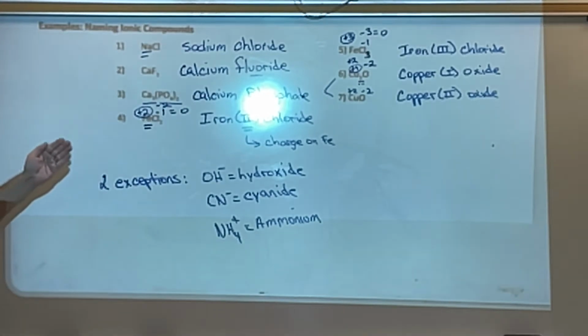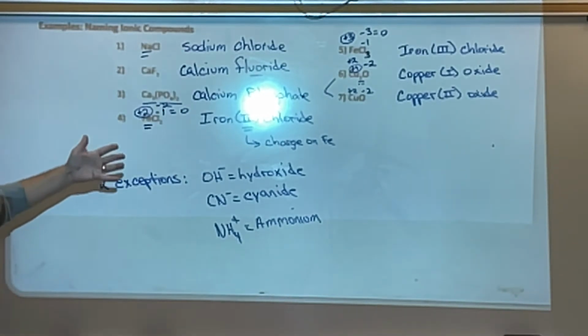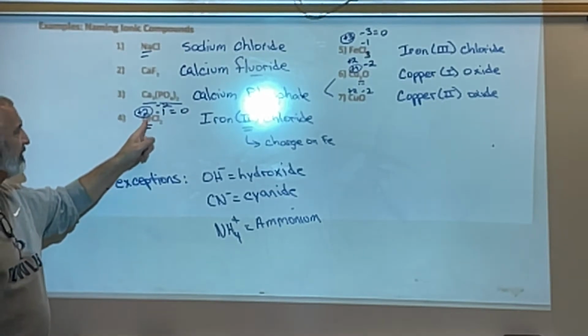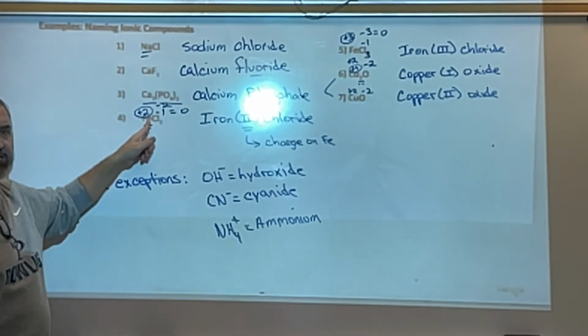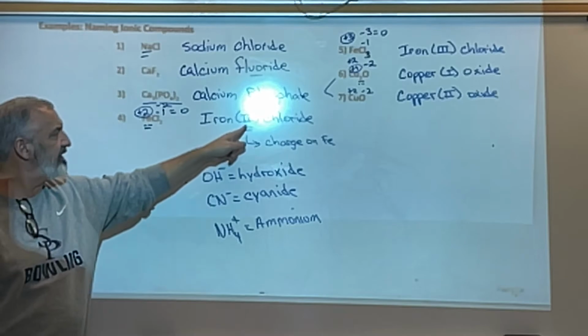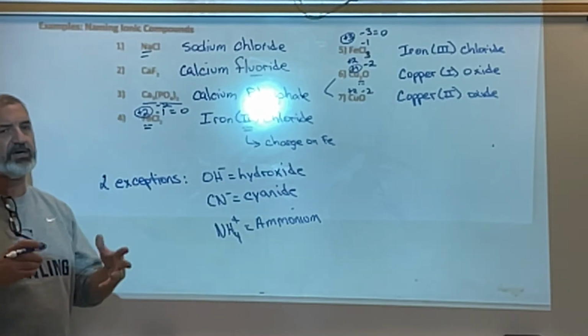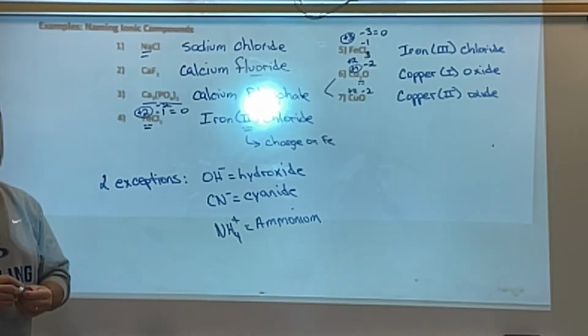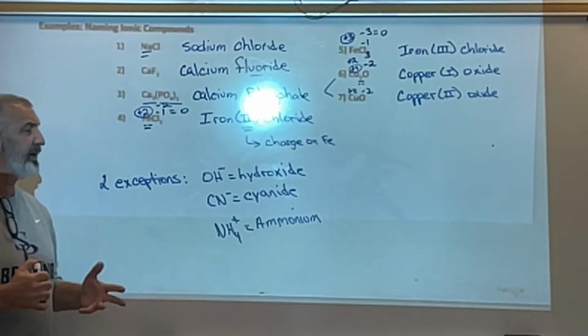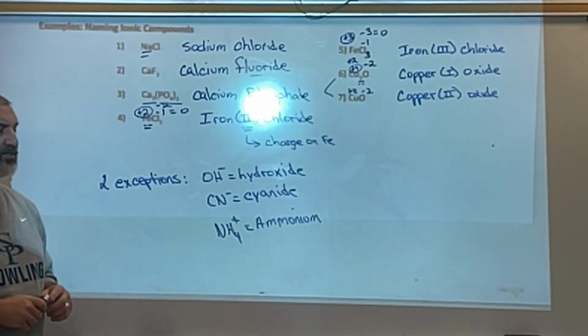So for naming them, all we do is positive first, negative last, and we just have to check, is the metal a transition metal with more than one oxidation state? If yes, we have to figure out what the charge is and include it in the name in Roman numerals. That's the hardest part. I'm going to let you practice some of those this afternoon, and then we'll talk about them in class on Thursday.